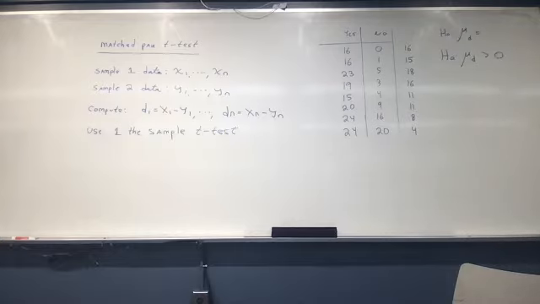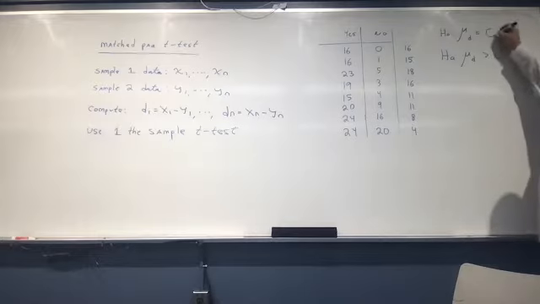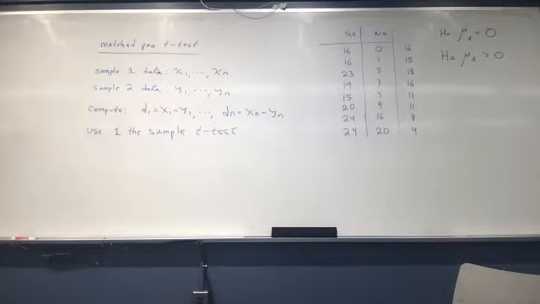Remember, we're looking at the differences. If they don't ask for help more when they need it, then what should the differences be? 0. If they're not more likely to ask for help when they need it, then in reality there's no difference between them. They should have the same value. If they should have the same value, then the average difference should be 0.